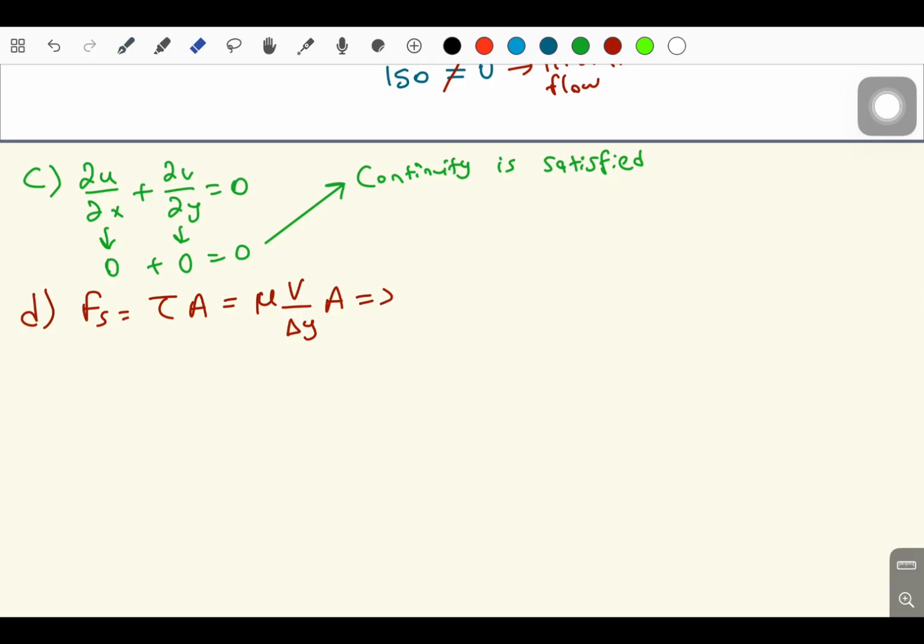So here the viscosity is 4 Newton second per square meter, times the velocity, which was given as 0.3, and the area is 1 multiplied by 0.3.